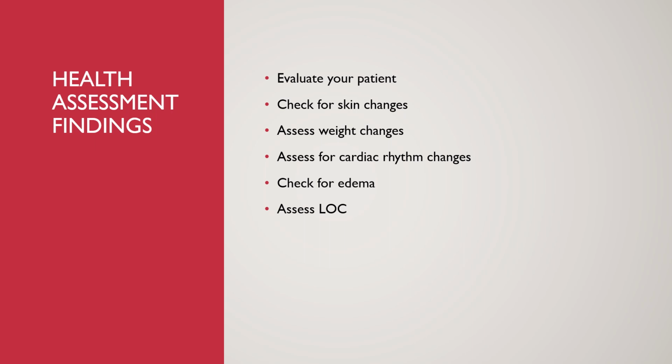These are things you need to look for. Also, a good reference is your Jarvis book, your physical examination and health assessment book. There are different chapters in the book that show you how to check for skin changes, weight changes, how to check for edema, levels of consciousness, and each one is by system.